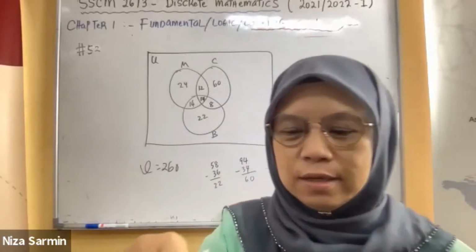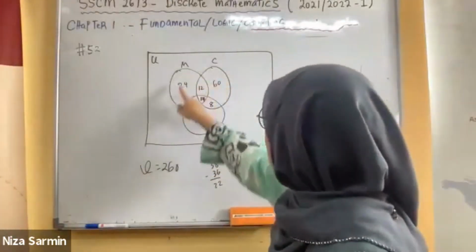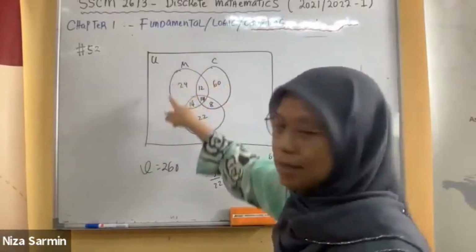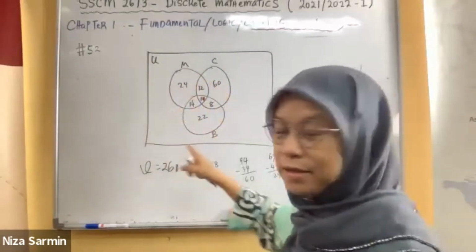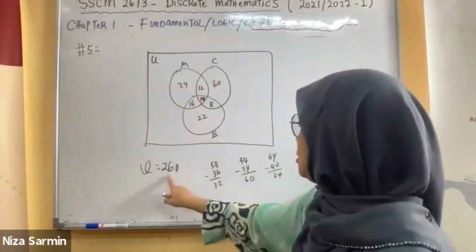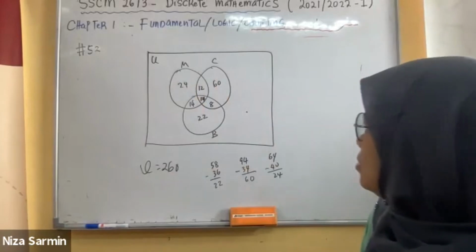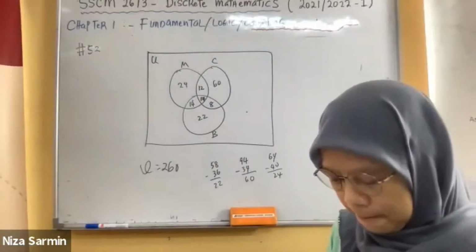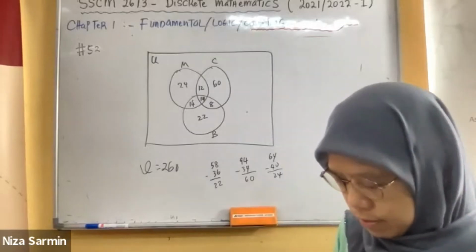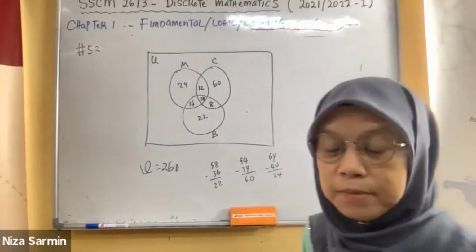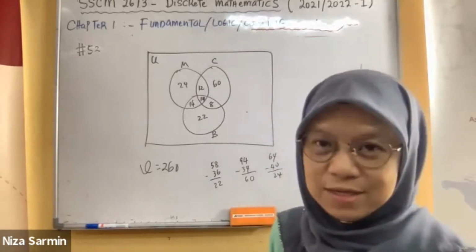Okay, Zurin, help me calculate all this and subtract from 260. I want to know how many are outside here. That is part A. The question is, how many students take none of these three?